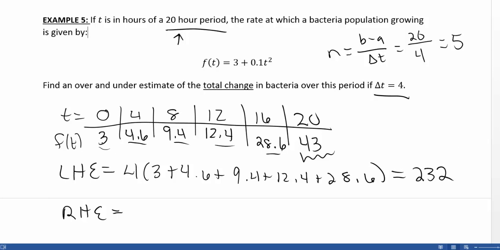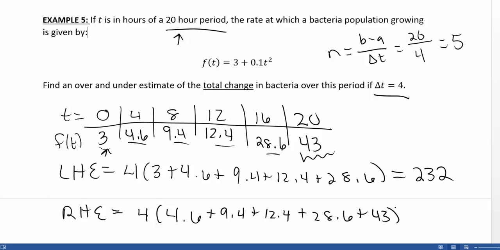When we do a right-hand estimate, we don't use the leftmost point. So again, I'm going to pull the 4 out front, my delta t, and I'm going to have 4.6 plus 9.4 plus 12.4 plus 28.6 plus 43. So all the rates except for my leftmost rate.